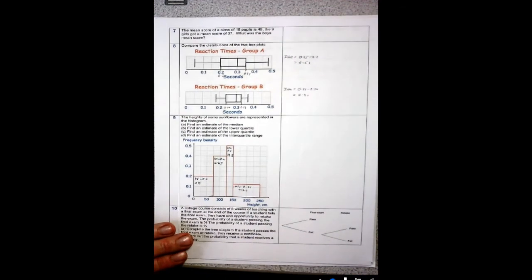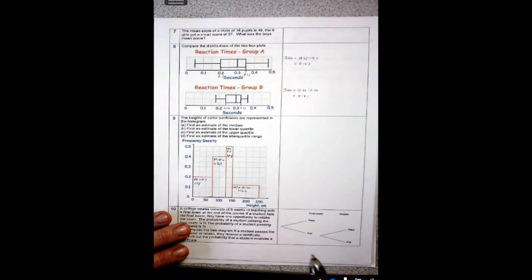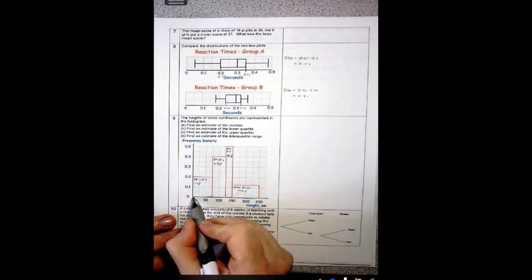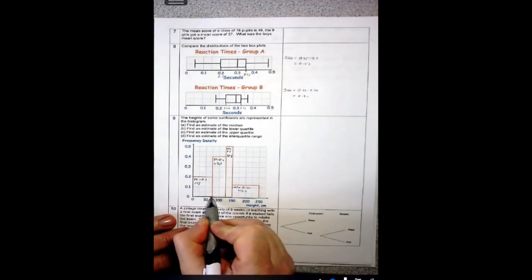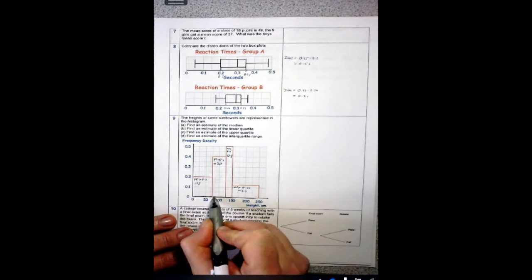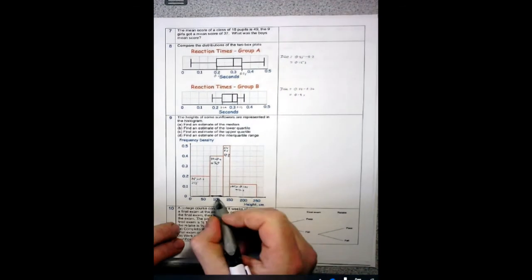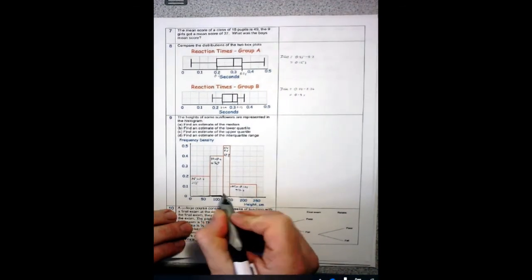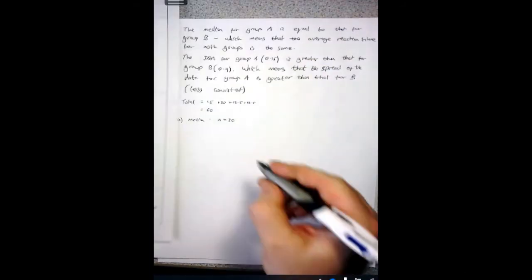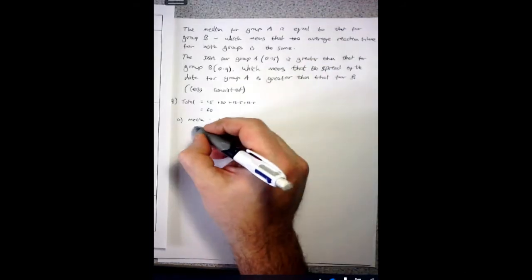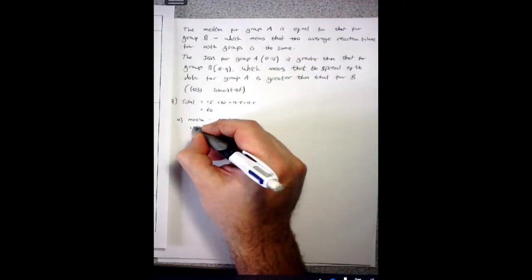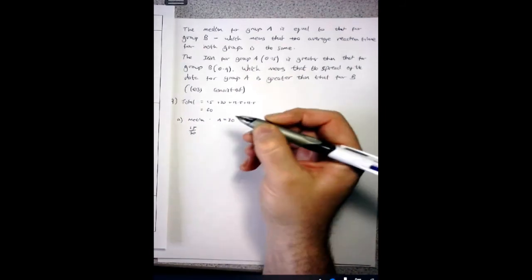So that's 15 out of 20, that's 3/4 of the way along this box. So 3/4 of 75 to 125. So 3/4 of, well, that's 50, a width of 50. So that's how far along I go, but I started at 75.